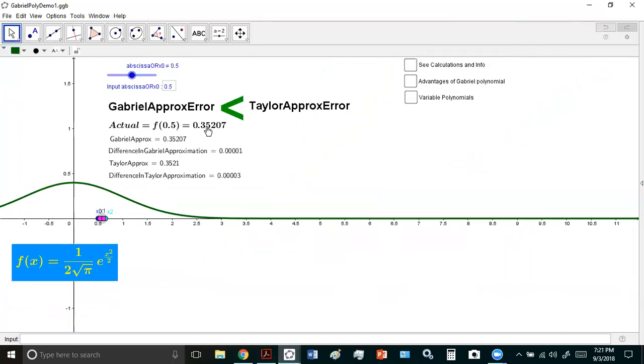You already have the correct value of the Gabriel polynomial, even though the difference is 0.40 followed by 3. Okay, so the error here is approximately a difference of 2 between the two polynomials. So that is the Gabriel polynomial in a nutshell.